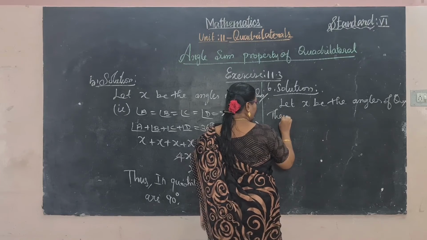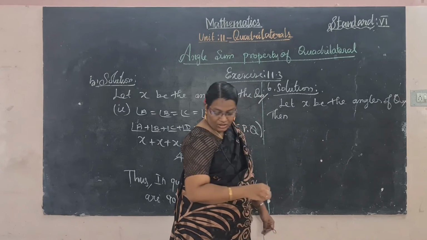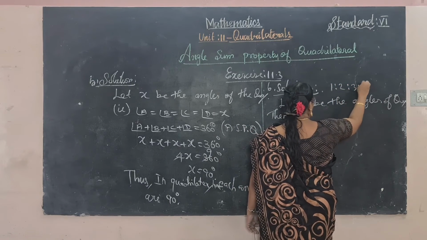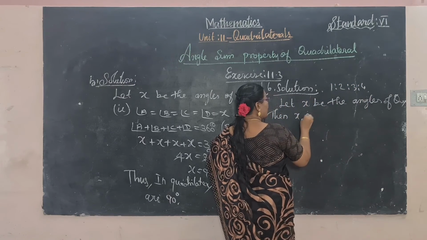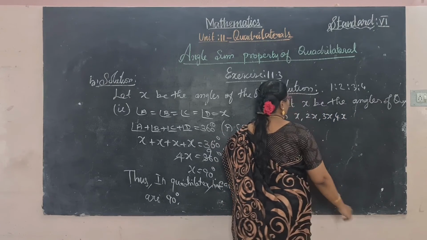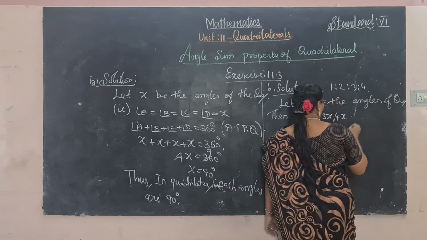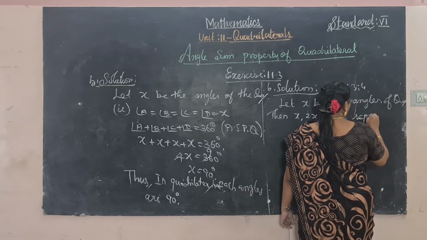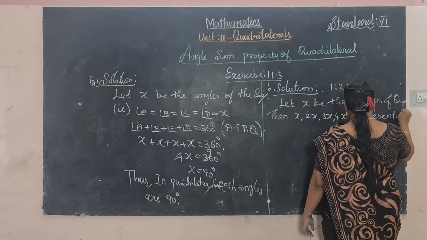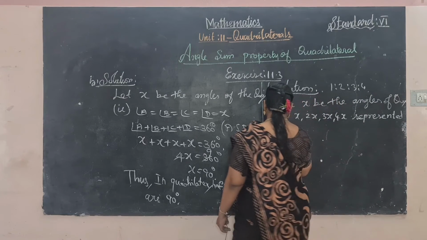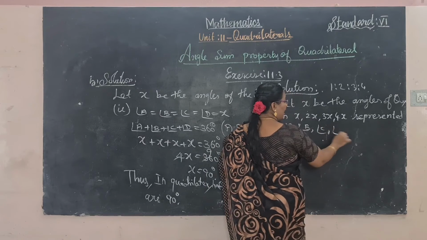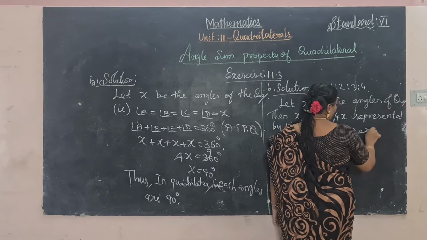Then which ratio is given? 1:2:3:4 is given. Then x, 2x, 3x, 4x represent angle A, angle B, angle C, angle D respectively.